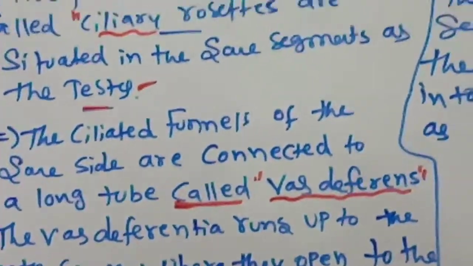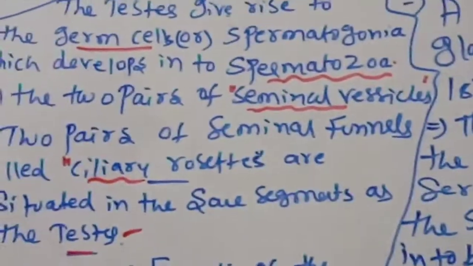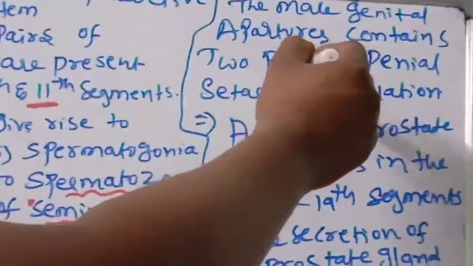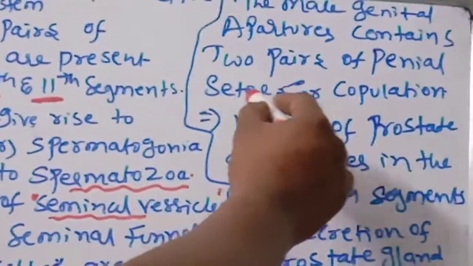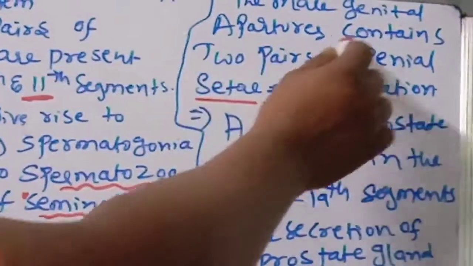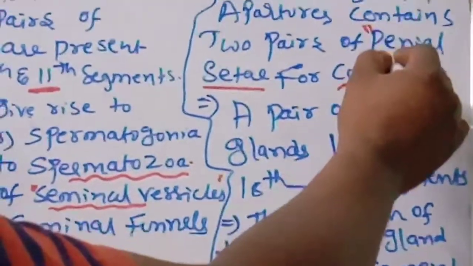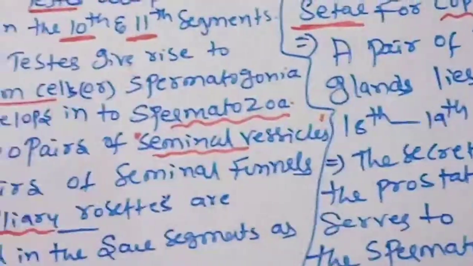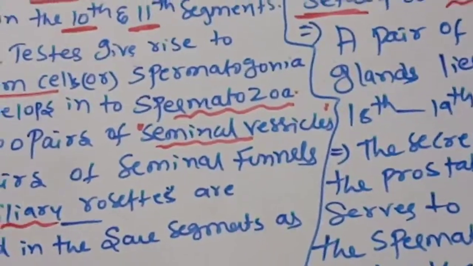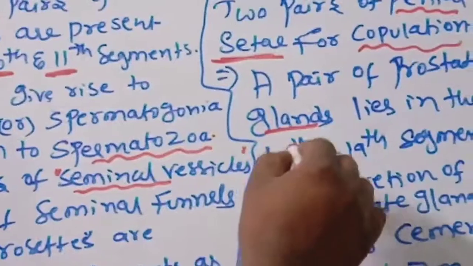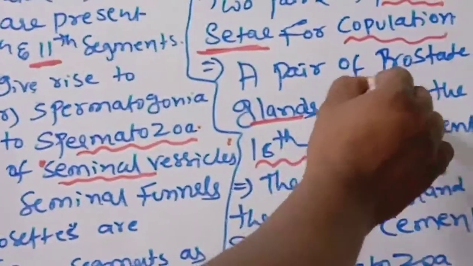Okay, children, like that it will be there. The male genital aperture contains two pairs of penial setae, for copulation. Very important. A pair of prostate glands lies in the 18th and 19th segments.